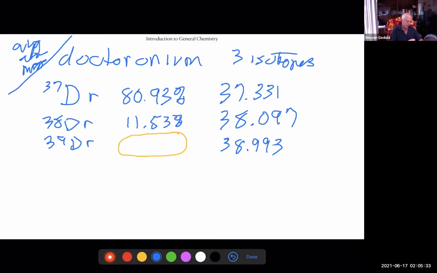So take 100, let's put 100 in our calculators here, minus 80.93. That gives us 19.07. Subtract 11.53 and these are over 7.54%.